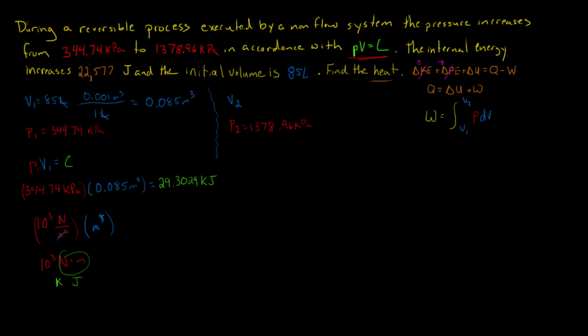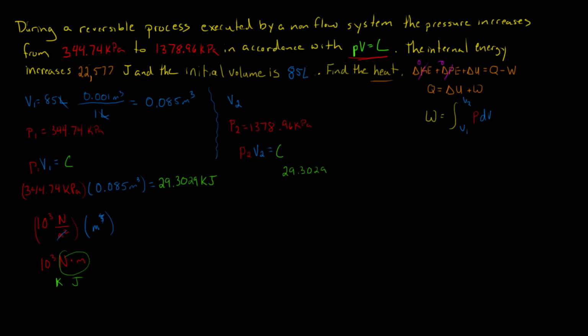Okay, so now we're going to use this relationship again. We're going to say that P2 V2 is equal to C. We know what C is. C is equal to 29.3029.